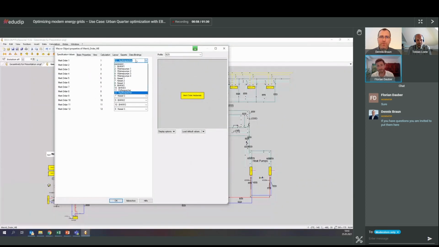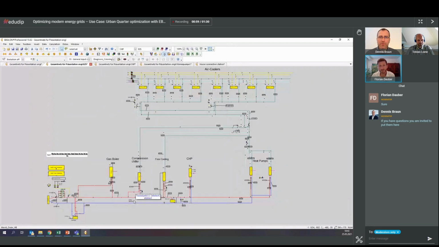This is the order in which each producer of energy is selected. But I think this is a point where I actually contacted Tobias for help. Tobias, please help me get it as generic, as user-friendly as possible, so that even amateurs have a chance to work with this specific model.